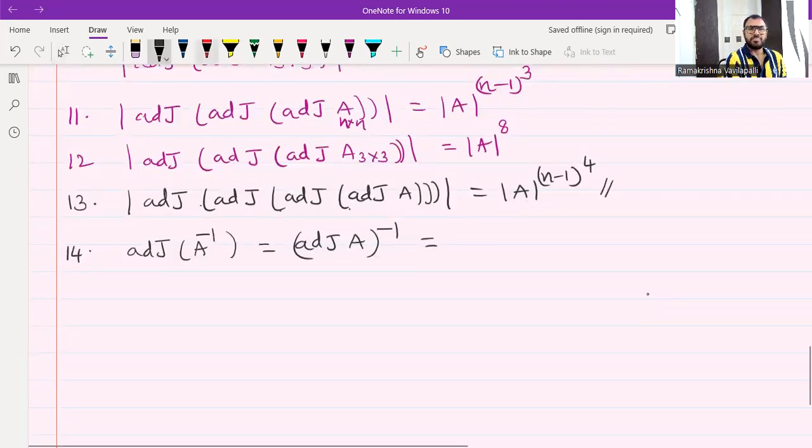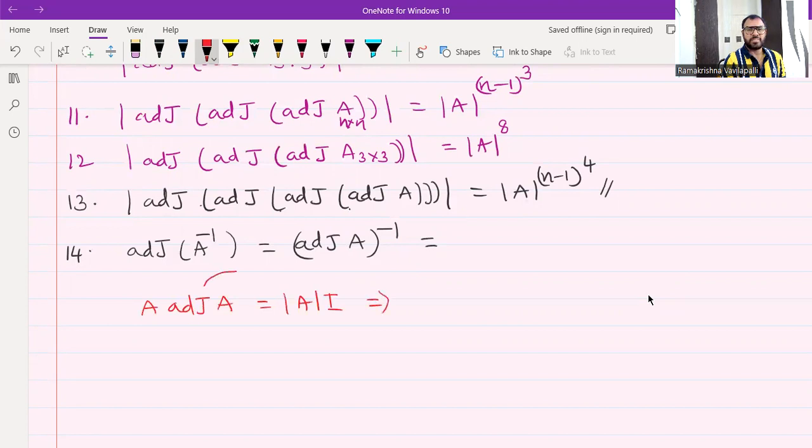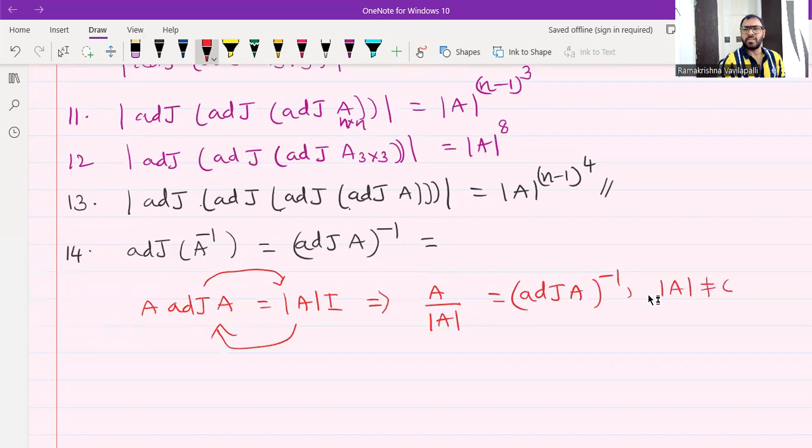We know that A into adjoint of A equals det A into I. This implies, send this side and this side, so you will get A by det A equal to adjoint of A whole inverse, provided that det A is not equal to 0, meaning A is a non-singular matrix. So you can write simply this is nothing but A by det A.